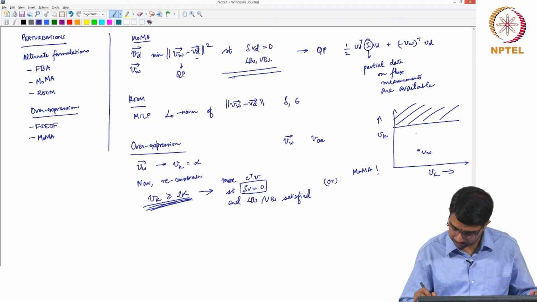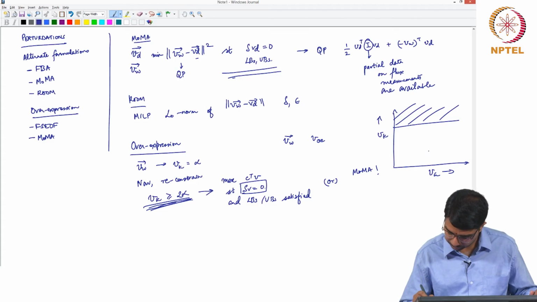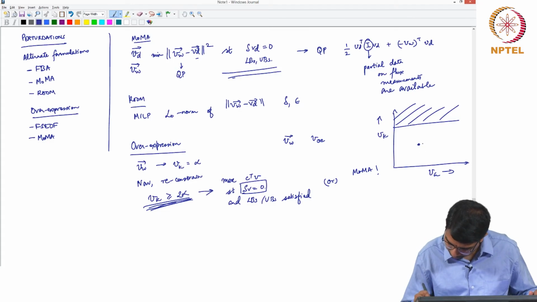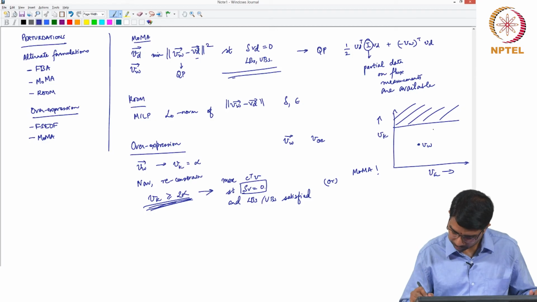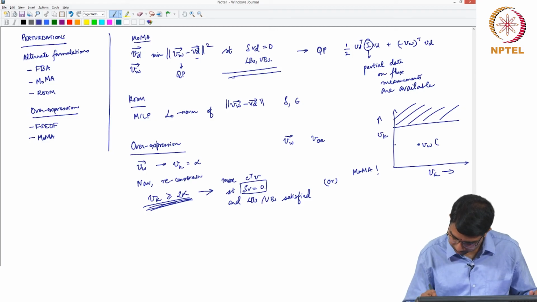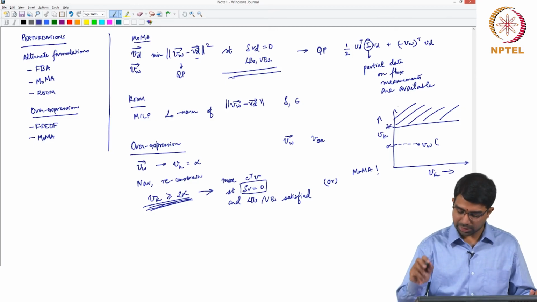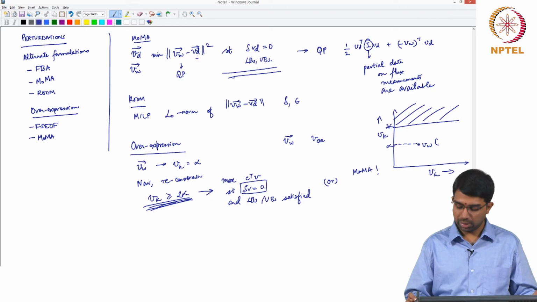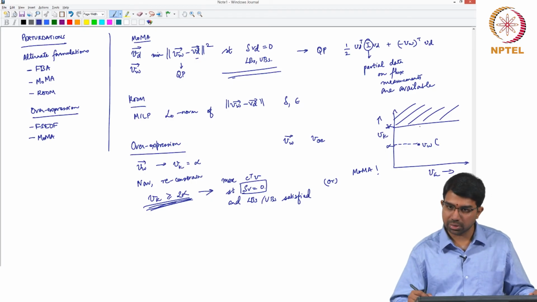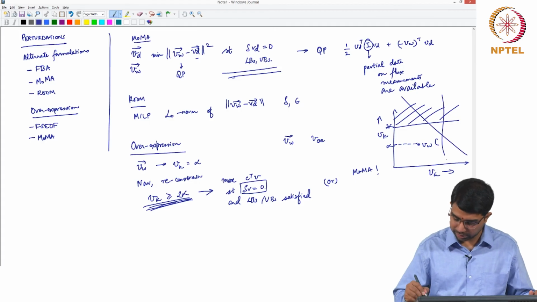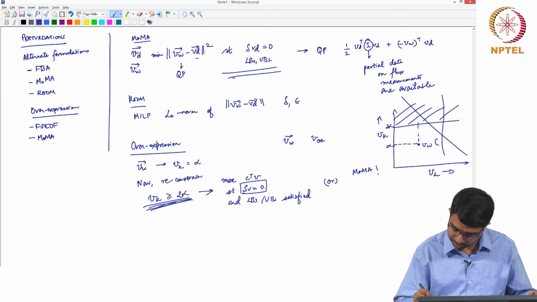Let us draw it more correctly. Okay, so this is some alpha and this is 2 alpha. Now I am going to say that Vk is greater than 2 alpha. So find the closest flux that agrees with other constraints, maybe there are other constraints like this, whatever.